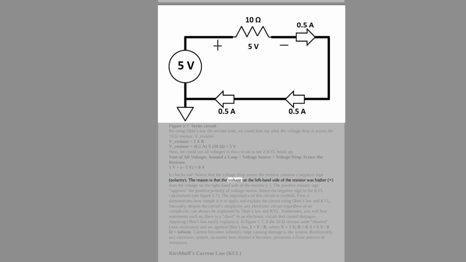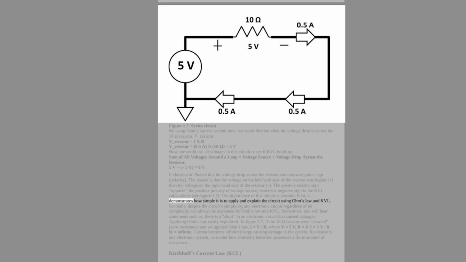The reason is that the voltage on the left-hand side of the resistor was higher, plus, than the voltage on the right-hand side of the resistor. The positive resistor sign opposes the positive polarity of the voltage source, hence the negative sign in the KVL calculations, see Figure 1.7.